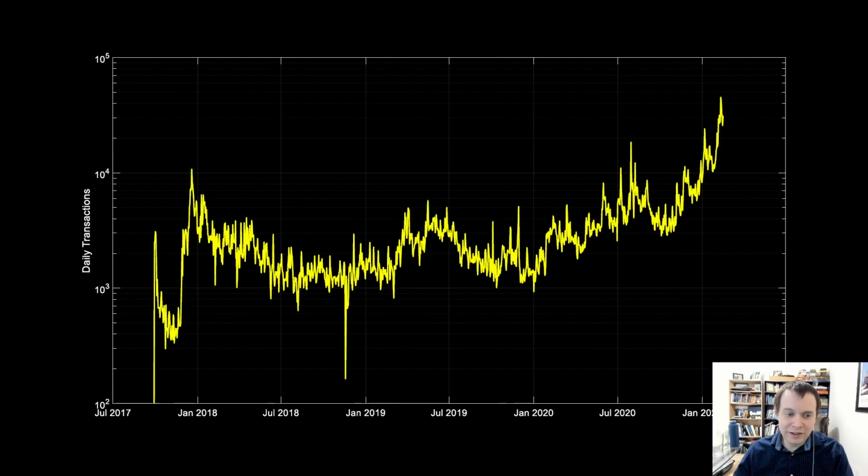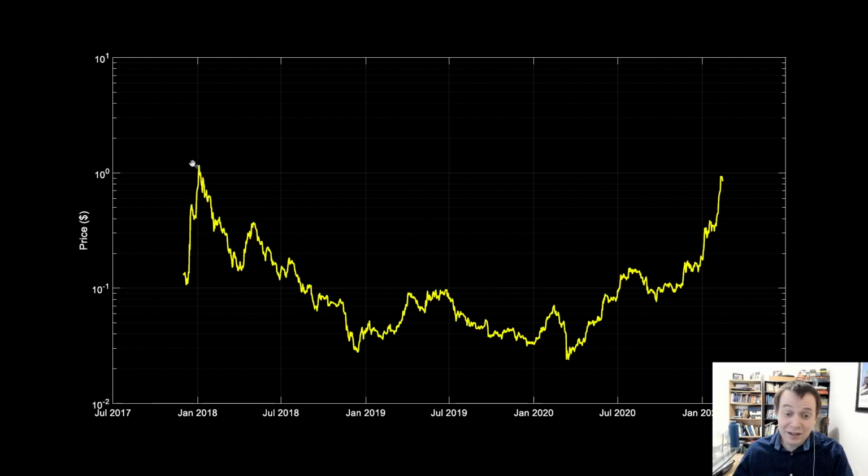And if you look at, say, the number of daily transactions for ADA, you can see it's well above its prior all-time high in terms of daily transactions back in late December of 2017. Now, what's interesting, and this just shows the price versus time.